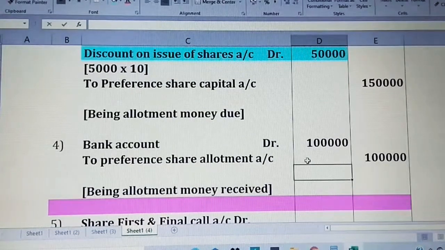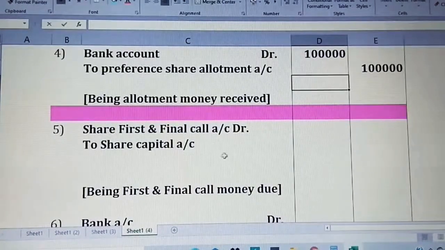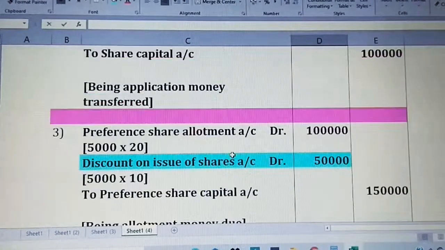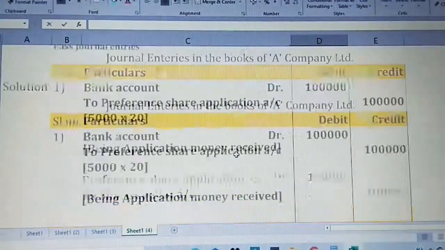Now moving on to the next. First and final call account debit. Going for the first and final call, just observe 50 rupees. You have to keep this in your mind.